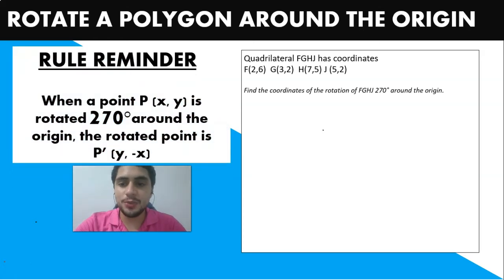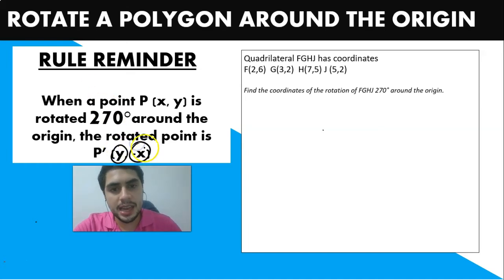Now, in order to do that, we have to remember that whenever we have a point and that point is rotated 270 degrees around the origin, the resulting point is going to have coordinates y comma minus x.